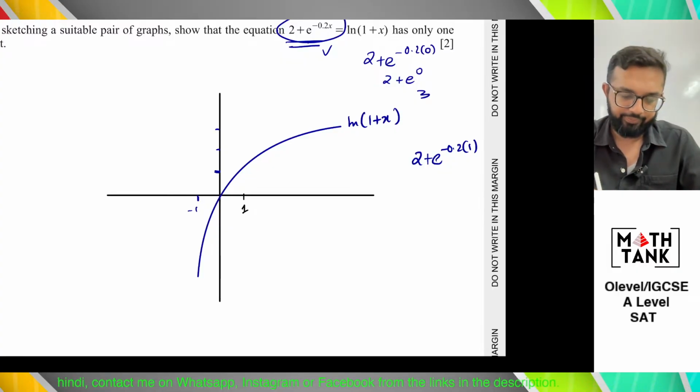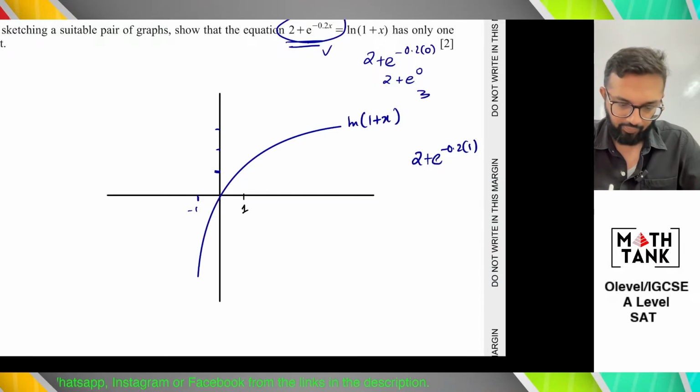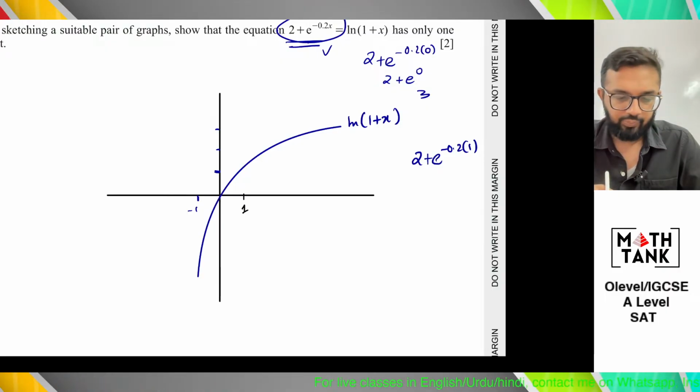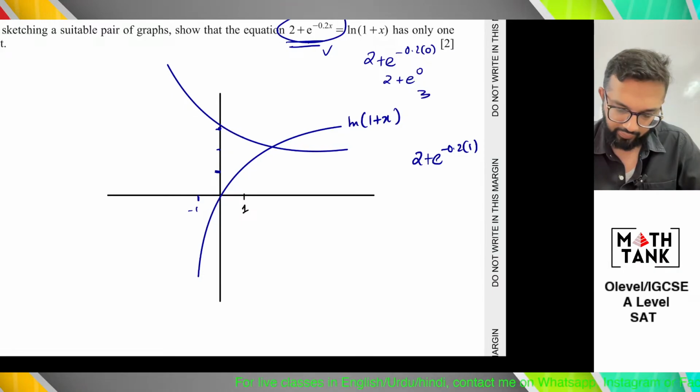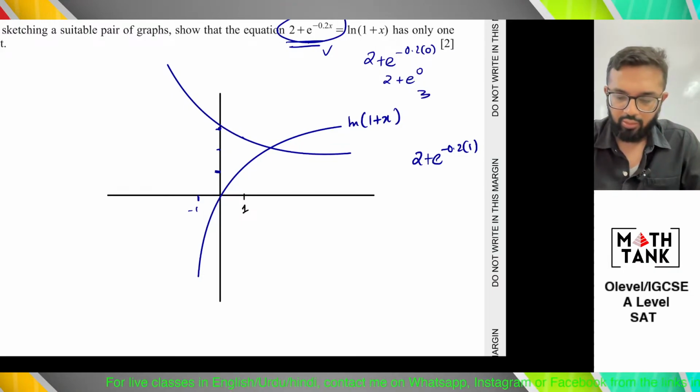So e power... is coming out as 2.8, so somewhere there. So this graph looks something like this. Okay, that's 2 + e^(-0.2x).